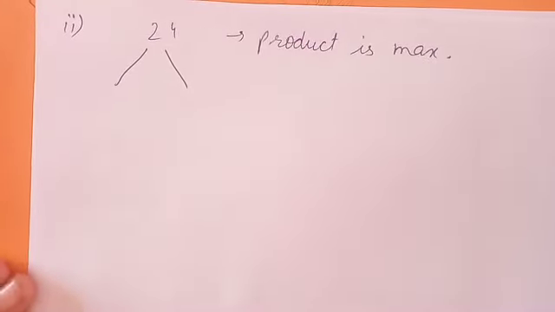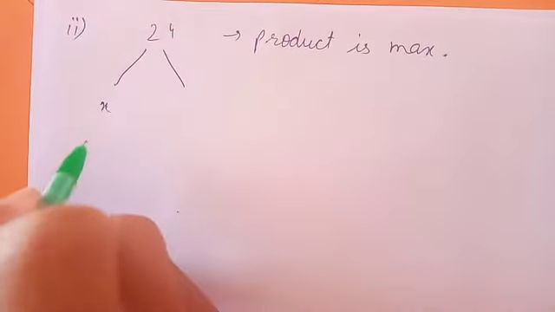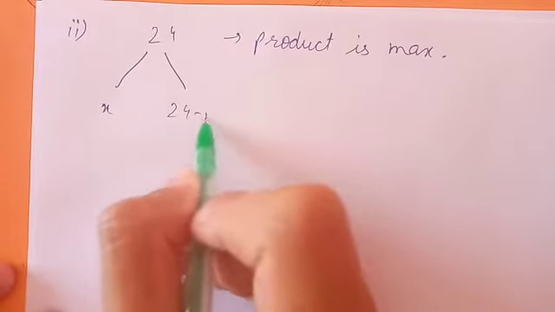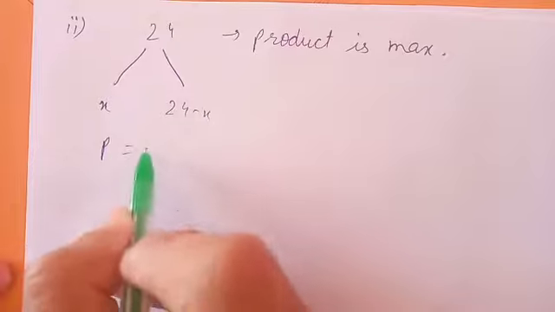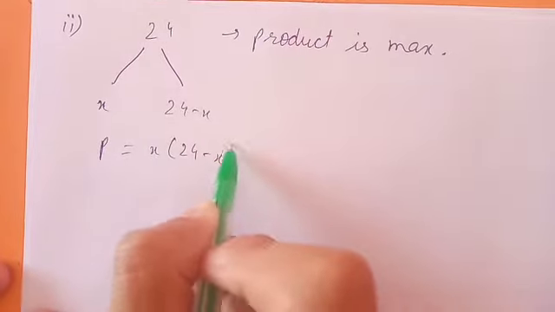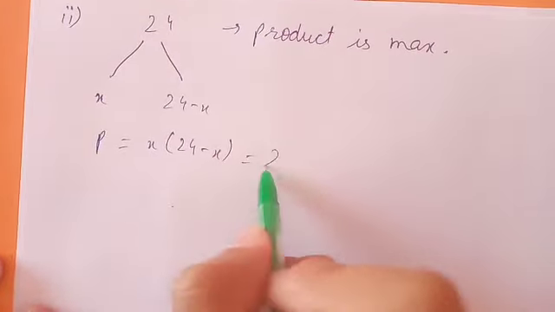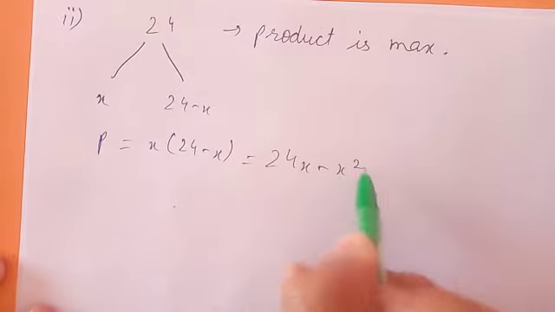So again we will consider one as x, then the other will be 24 minus x, and what will be their product? Their product will be x into 24 minus x, that is 24x minus x square.